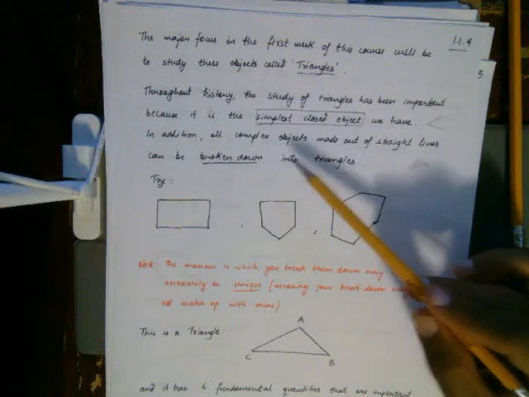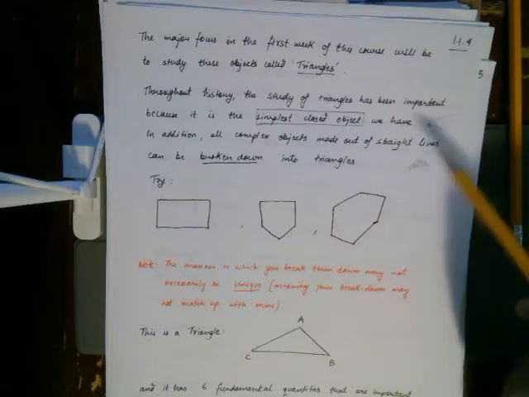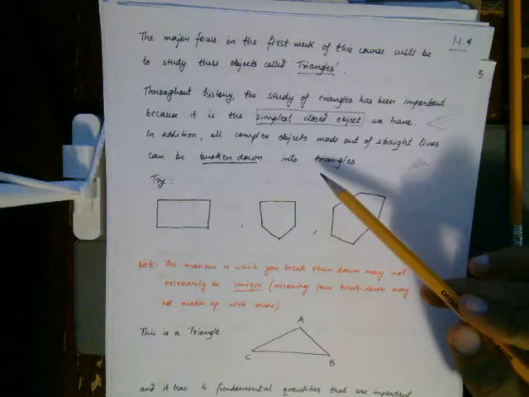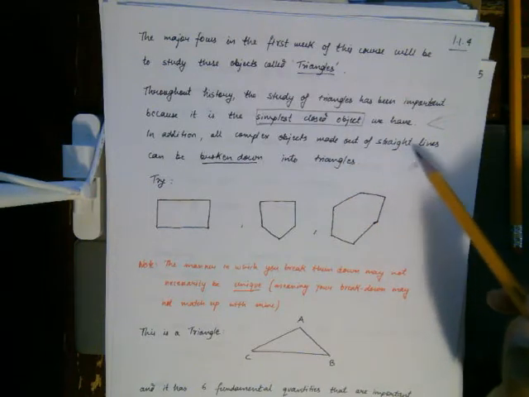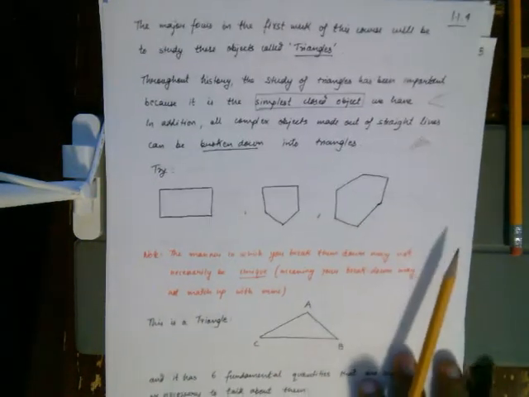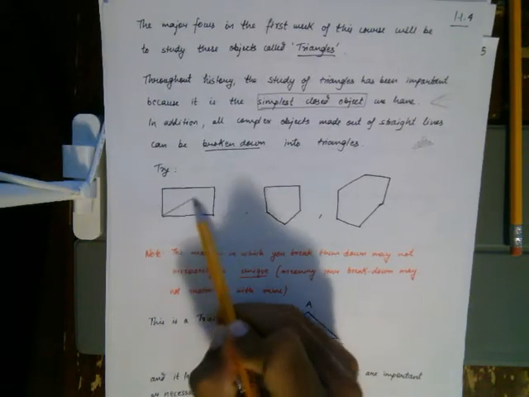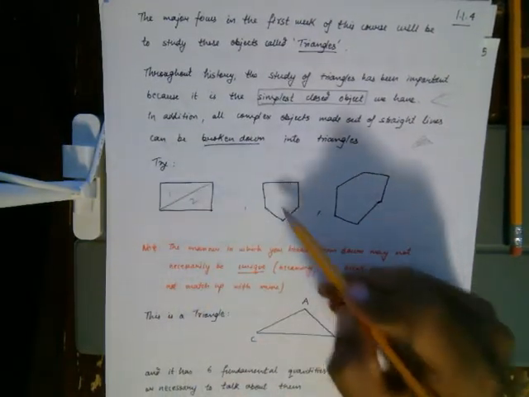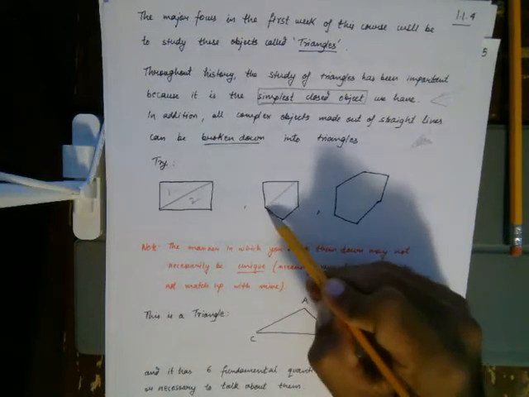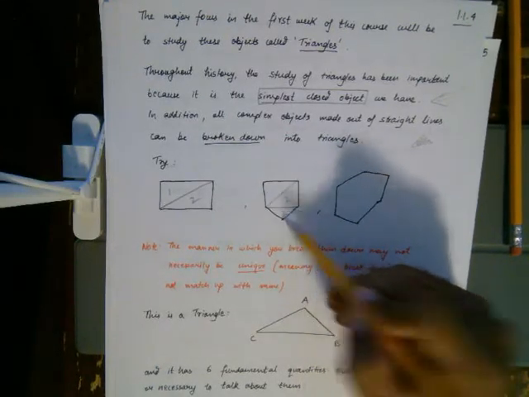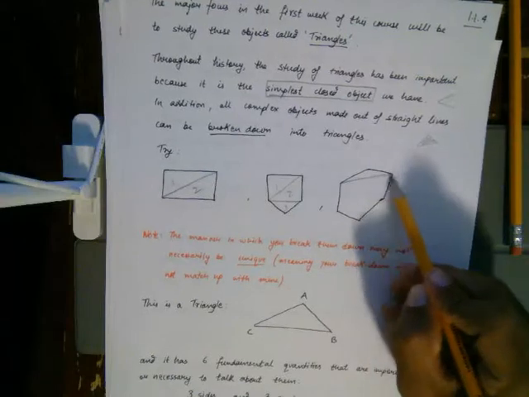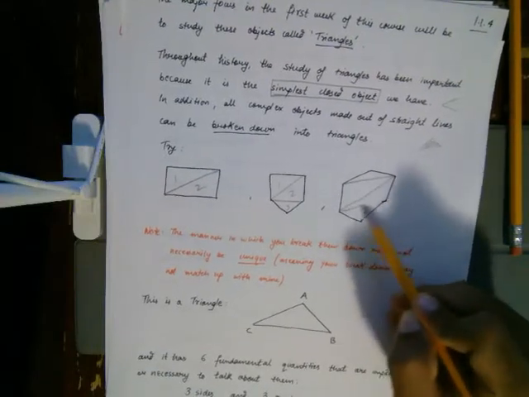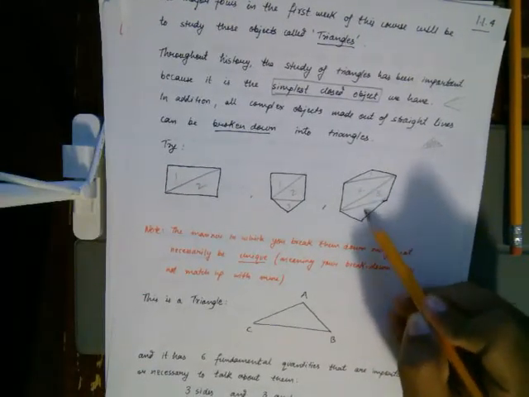And in addition, all complex objects, those that are specifically made out of straight lines, can be broken down into triangles. For example, I can break this into two triangles, triangle 1 and 2. I can break this into three triangles. I can break this into four triangles.